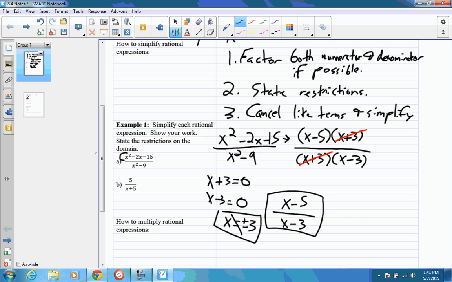No. That's all I care about, is getting the bottom. It's just like when you look for vertical asymptotes. When I'm graphing, I take the bottom to find my vertical asymptotes. So this is the same. If we were graphing this, these would be vertical asymptotes, but we're just simplifying. Cool?